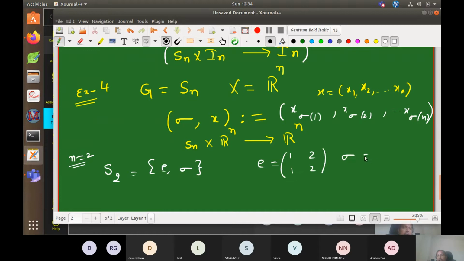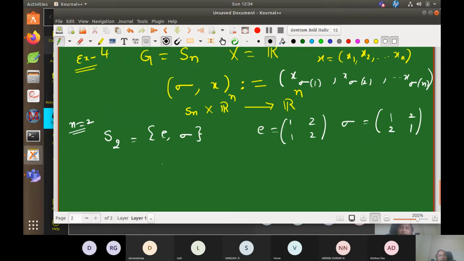And the sigma takes 1 to 2 and 2 to 1. So what is e acting on (1, 2)? It is (1, 2). What is sigma acting on (1, 2)? It is (2, 1). That is the meaning of this.